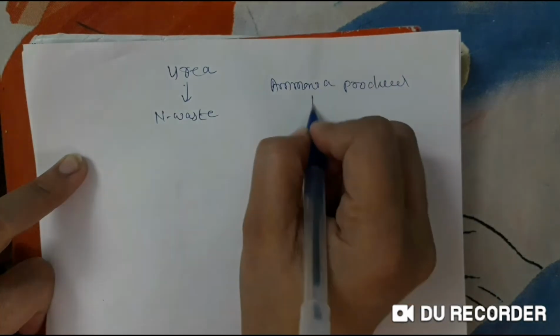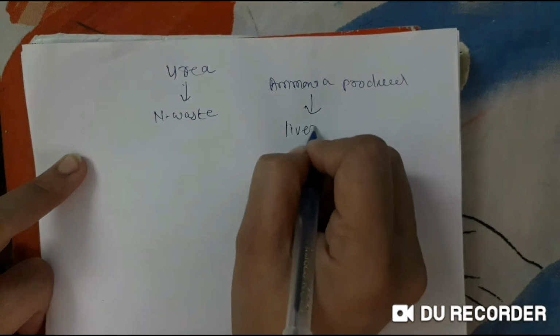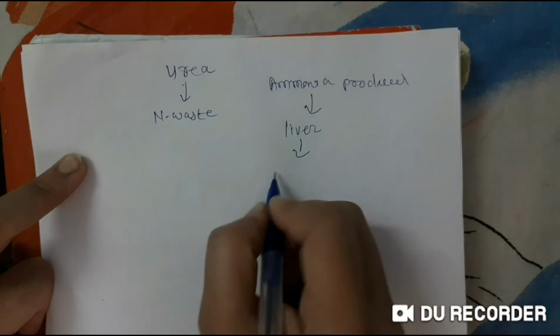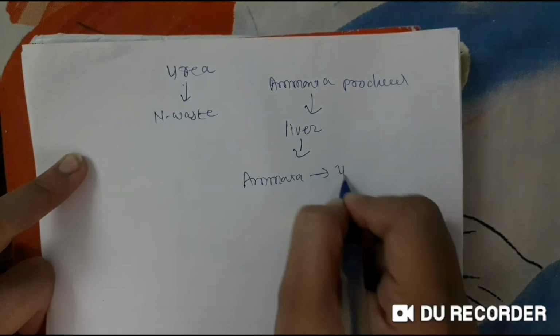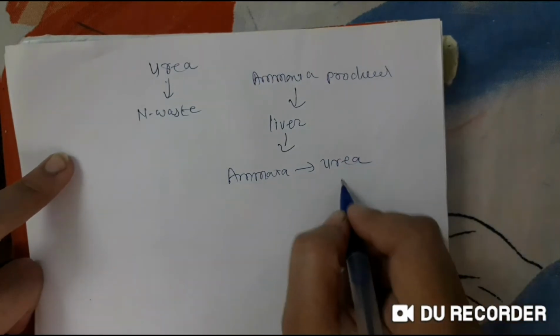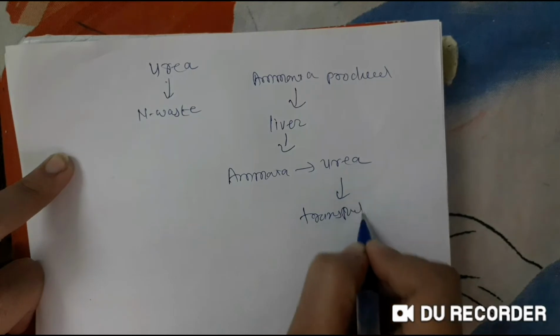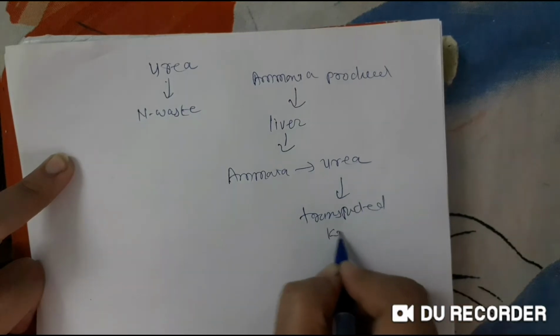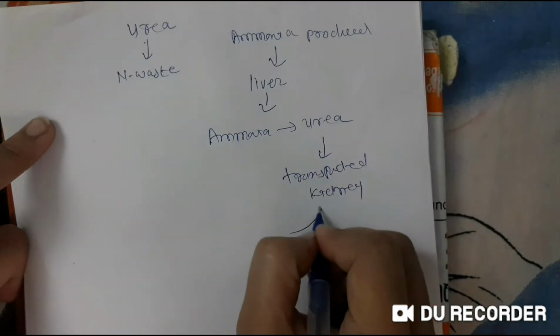This ammonia is transported to the liver with the help of the blood. In the liver, ammonia is converted to urea. Urea is then transported to the kidneys.